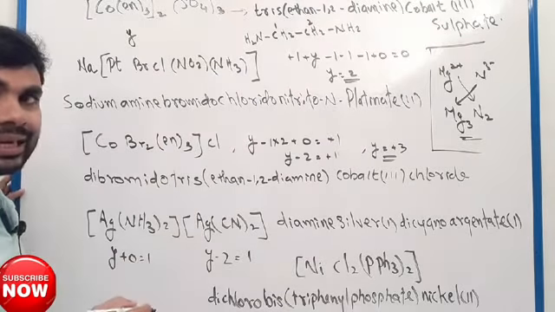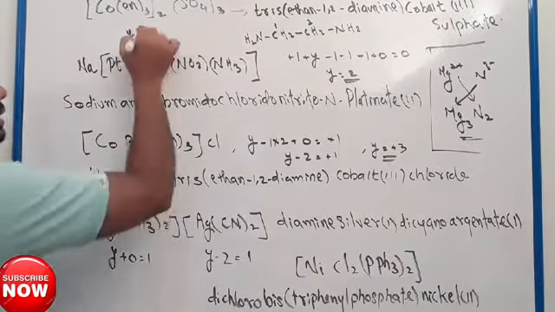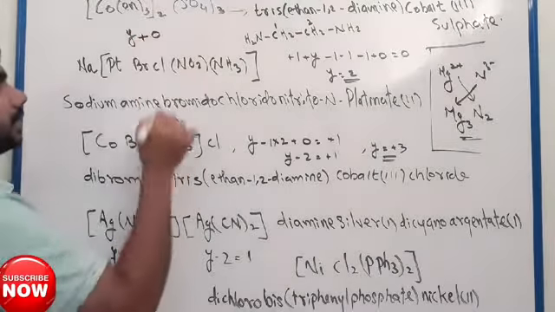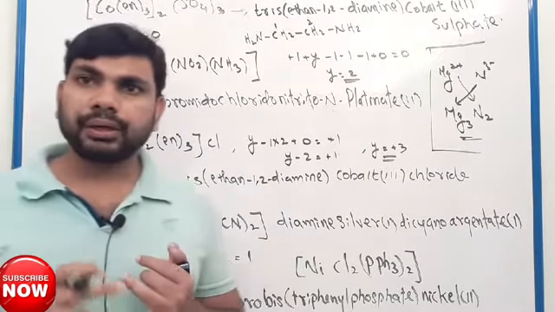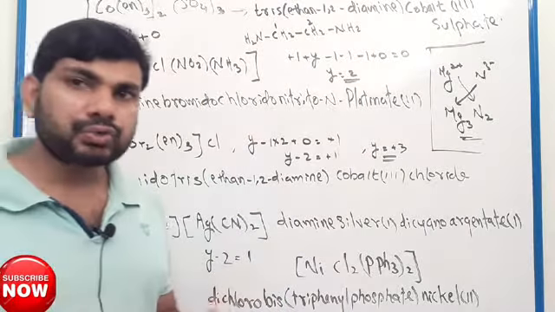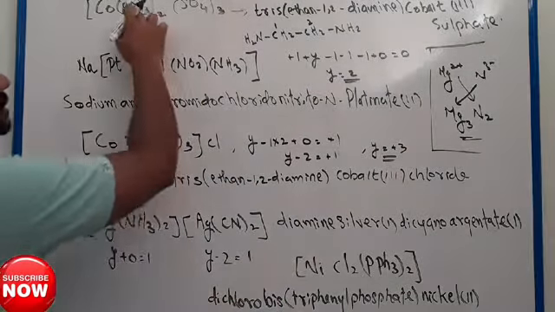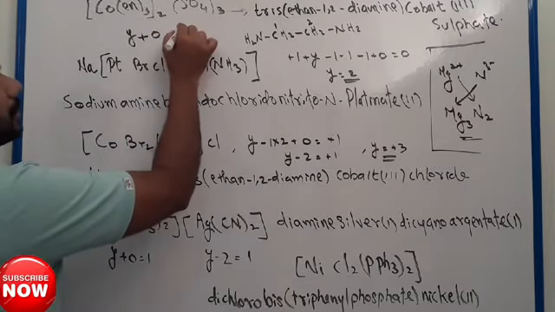Ethylenediamine is a neutral ligand. I told you before, NH3, H2O, CO, en, these are neutral ligands. So it is a neutral ligand.